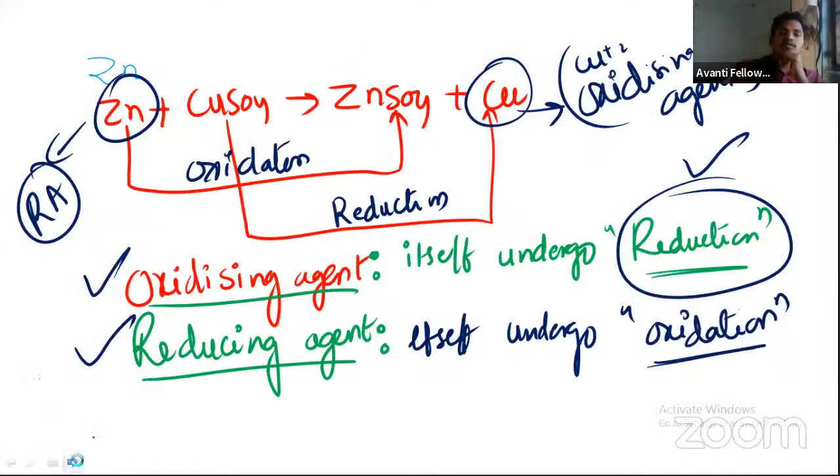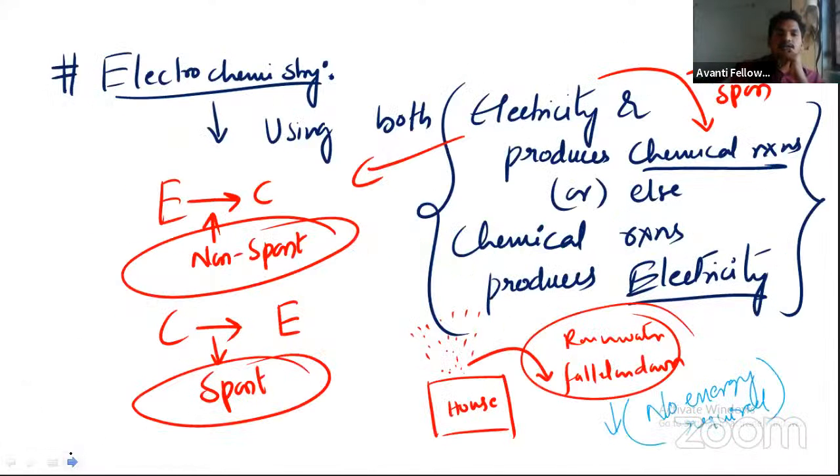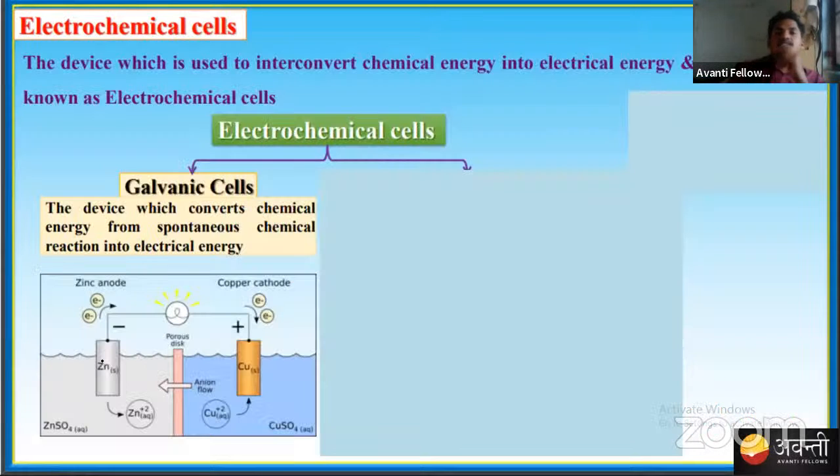Okay, so that is what you need to remember. In electrochemistry, we are first discussing the electrochemical cell. Sir, what is this electrochemical cell? What exactly does it do? It interconverts chemical energy and electrical energy.